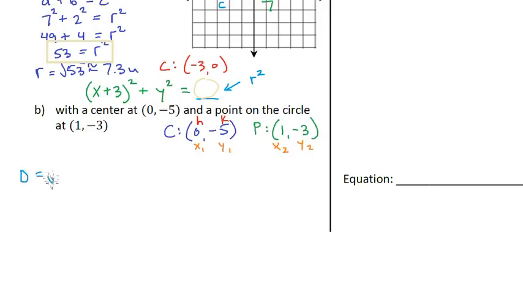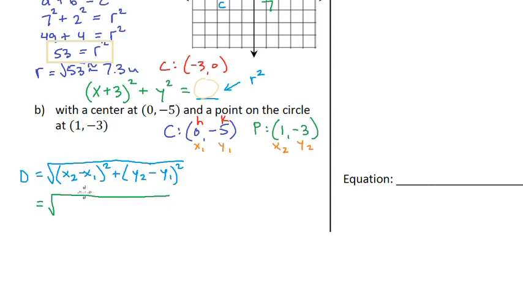The distance formula is equal to the square root of (x sub 2 minus x sub 1) squared plus (y sub 2 minus y sub 1) squared. All right, let's plug our values in. X sub 2 is 1. Remember, the minus sign is part of the equation.